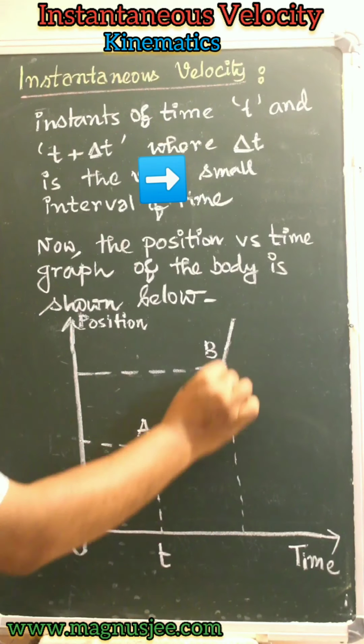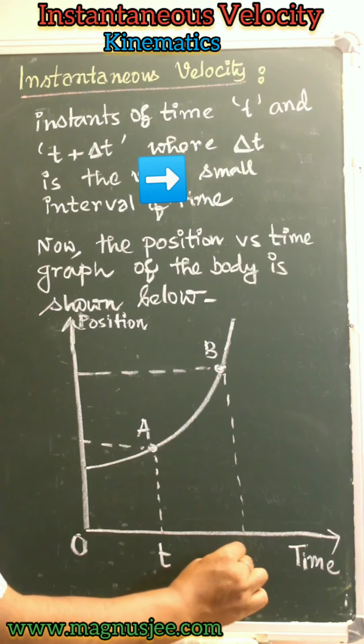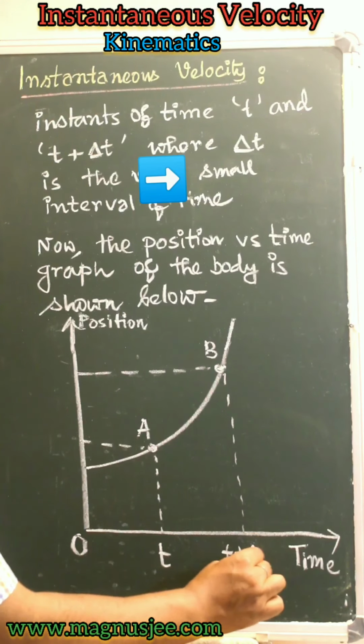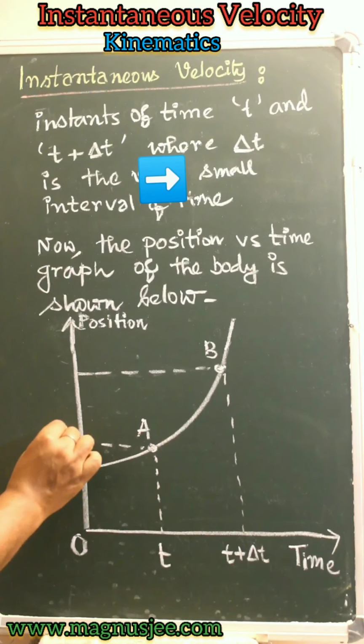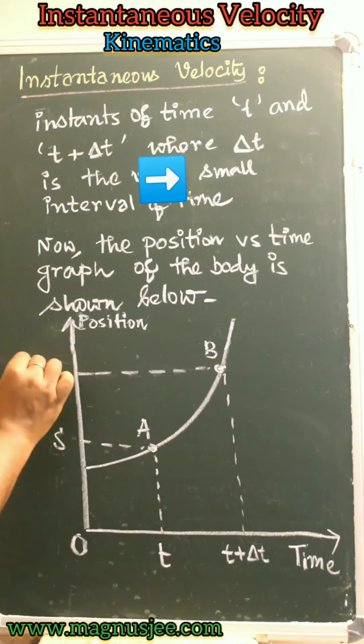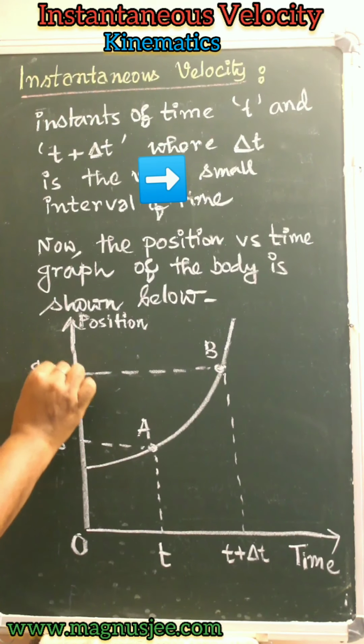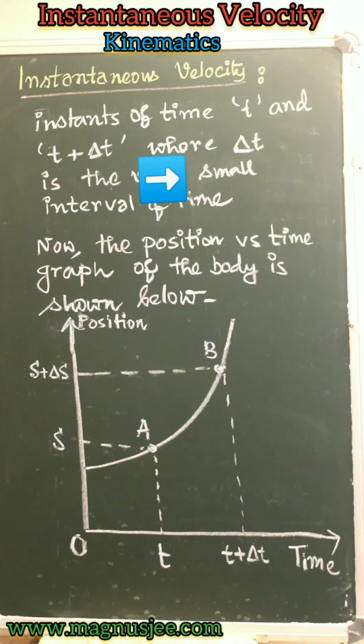At the point A, time was t, and at the point B, time becomes t plus delta t. At the point A, the position of the body was s, and at the point B, the position is s plus delta s.